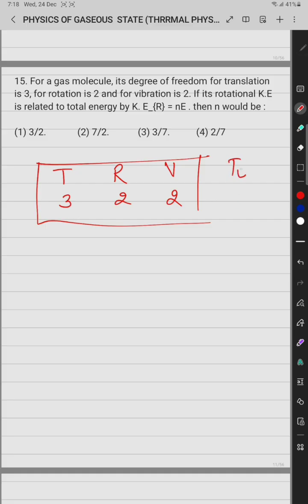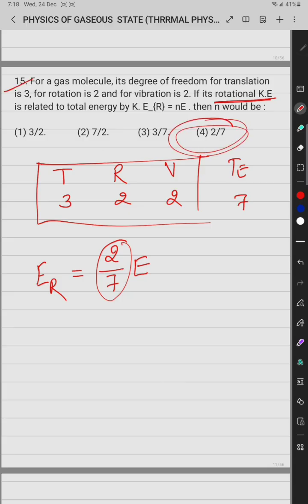So total energy 3:2:2 means it is 7. So total energy कितना part उसका rotation के लिए divide है, so the rotation के ratio it is 2 and the total is 7, so 2/7 times of the total energy is equal to the rotational kinetic energy, so 2/7 factor means the correct option is the fourth one.